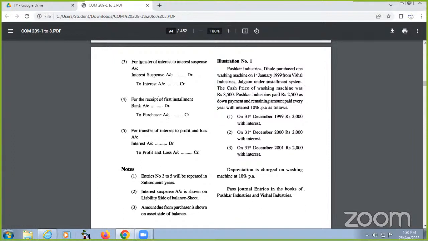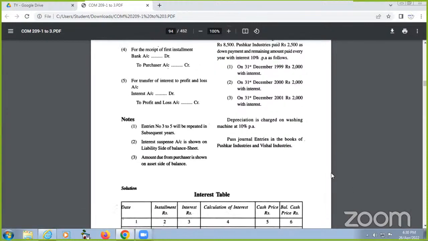Pushkar Industries paid rupees 2,500 as a down payment and the remaining amount every year with interest 10% per annum as follows: December 2000, 2,000, and December 2001, 2,000, with interest. Depreciation is charged on the washing machine at 10%. Give journal entries in the books of Pushkar Industries.